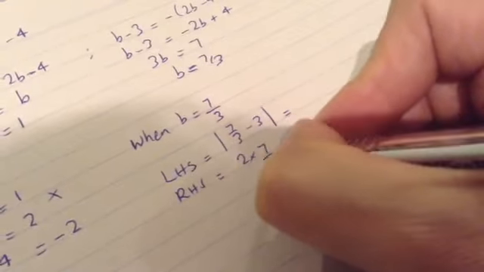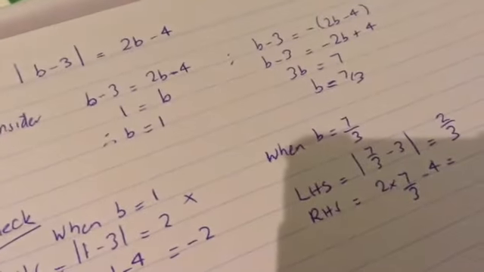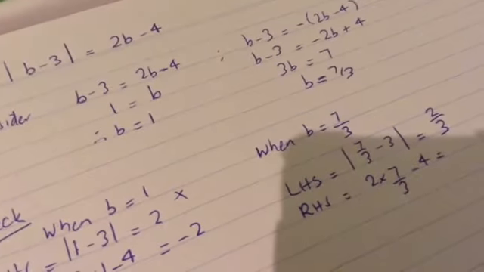Absolute value of minus 2/3 will be 2/3. And then 14 on 3 minus 4 is also 2/3. So therefore the left-hand side equals right-hand side, and therefore this is the solution. Just conclude that therefore b is equal to 7 on 3. It's the only solution.